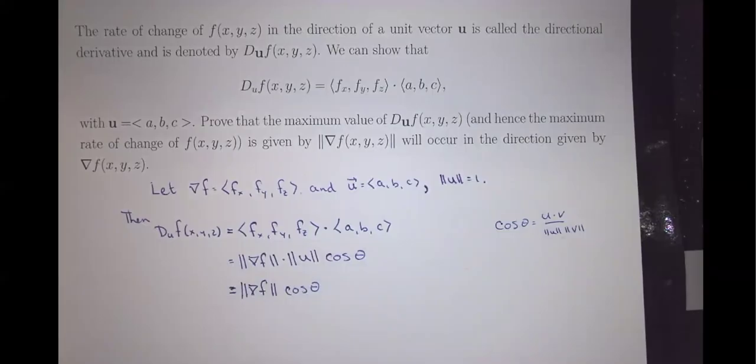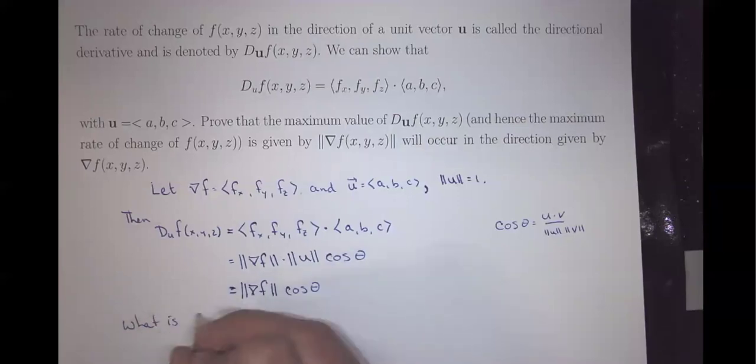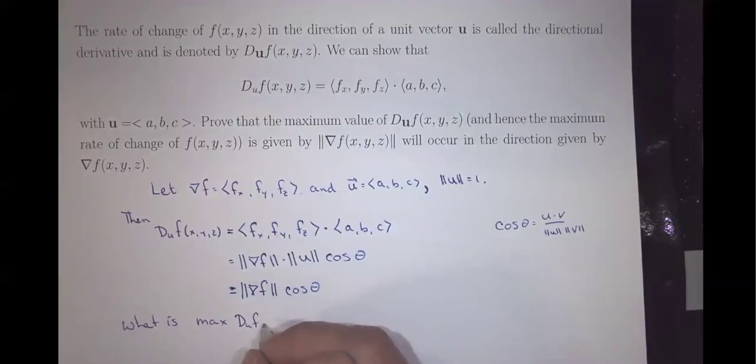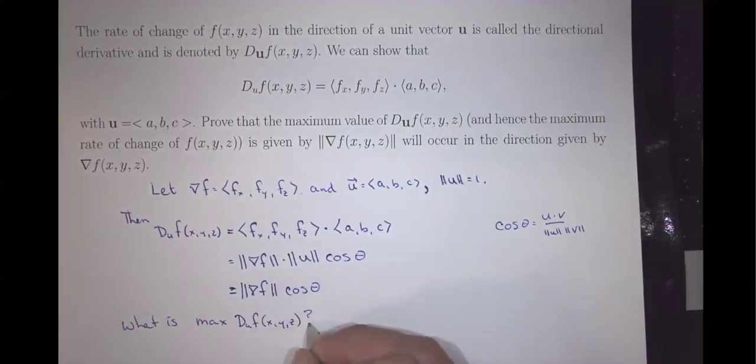So to answer the question here, what is the maximum length of D u? Well, it's the length of the gradient times cosine theta, and cosine theta is maximized when cosine theta is equal to 1. So the maximum value is the length of the gradient.